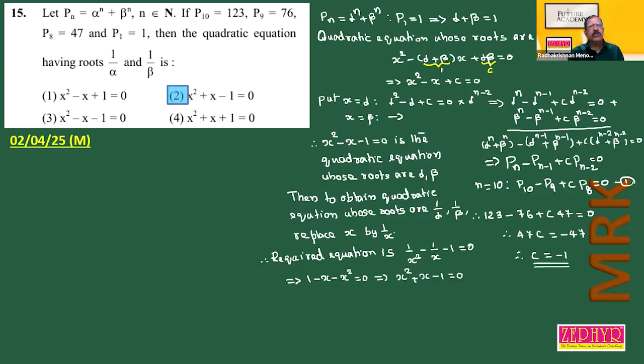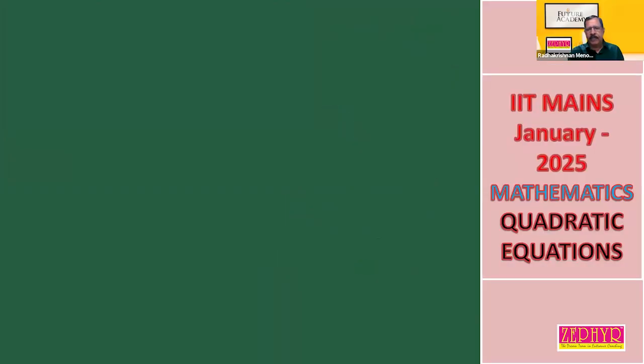So we have done a sufficient number of questions in this chapter, a very important chapter. In different chapters, you may be coming across the concept of quadratic equation for solving questions. Okay, thank you. We'll be moving to another chapter in the next class.